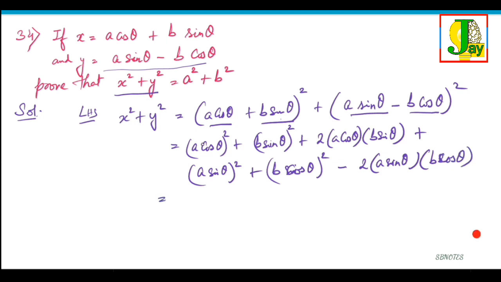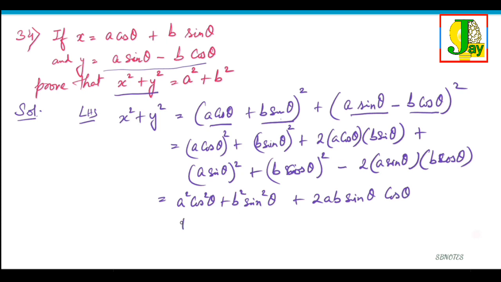Okay, now this becomes a square cos square theta plus b square sin square theta plus 2ab cos theta sin theta, or 2ab sin theta cos theta.